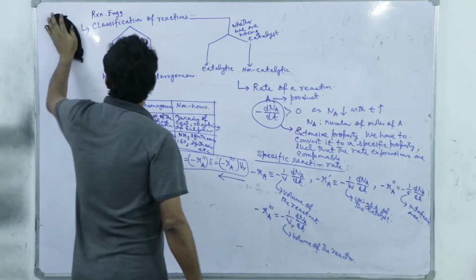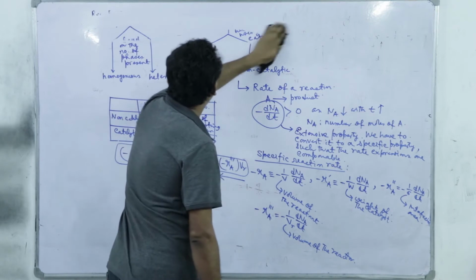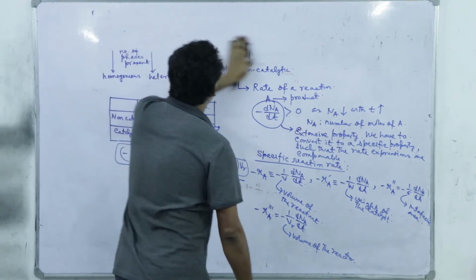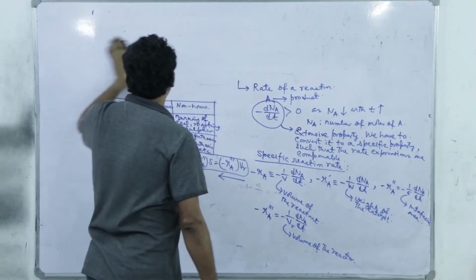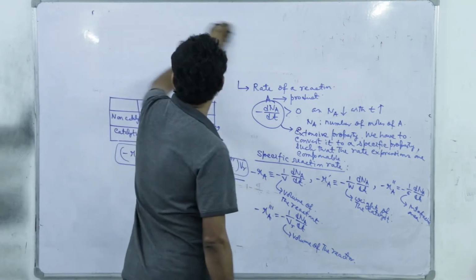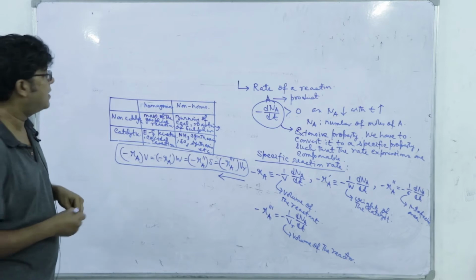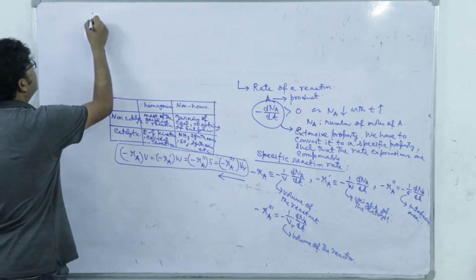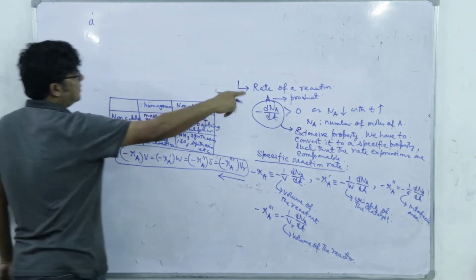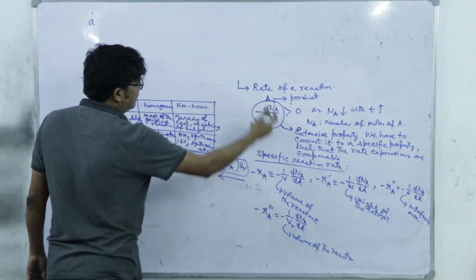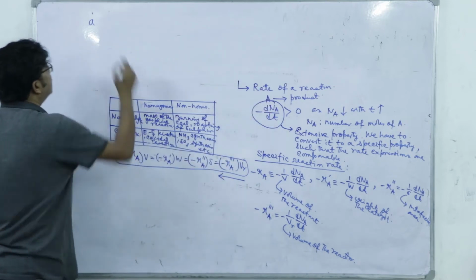So, next you see that we will now go for the reaction rate once again, but not the definition. If I have multiple reactants and products, what will be the rate expression? Here we have discussed it as if this is only valid for one reactant and one product.